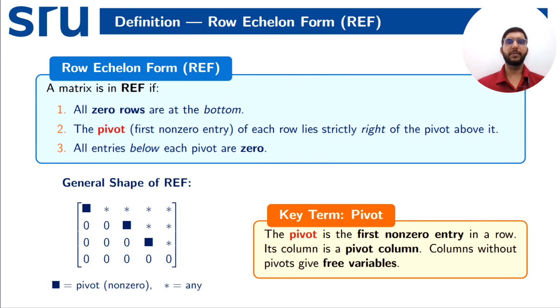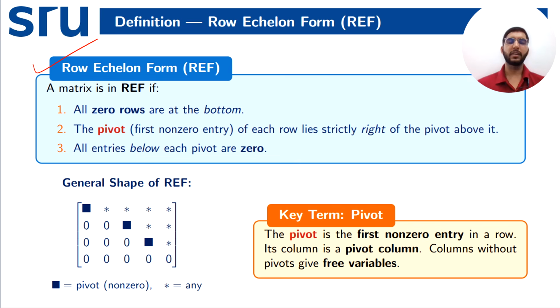Next is the definition of row echelon form, that is REF. Let us see what it actually means. A matrix is said to be in row echelon form if it satisfies the following three conditions.